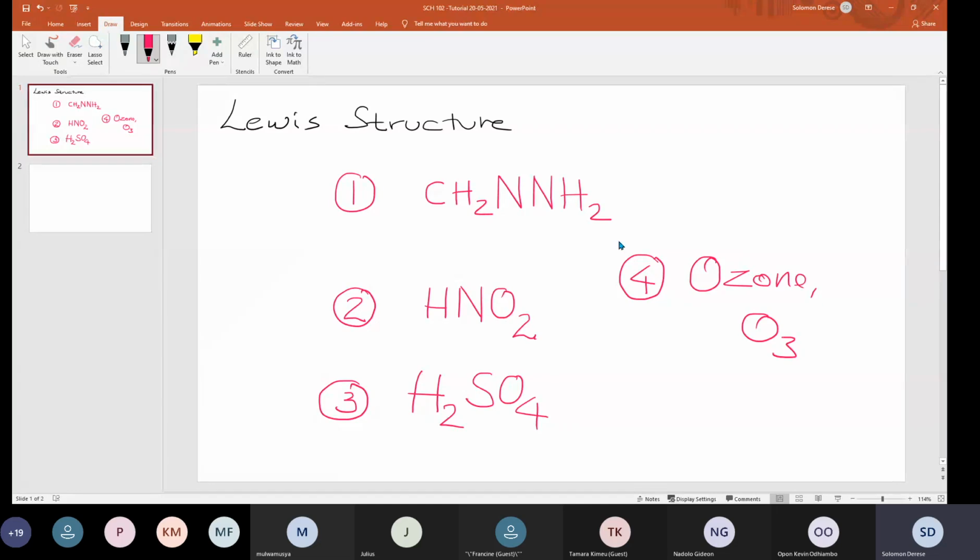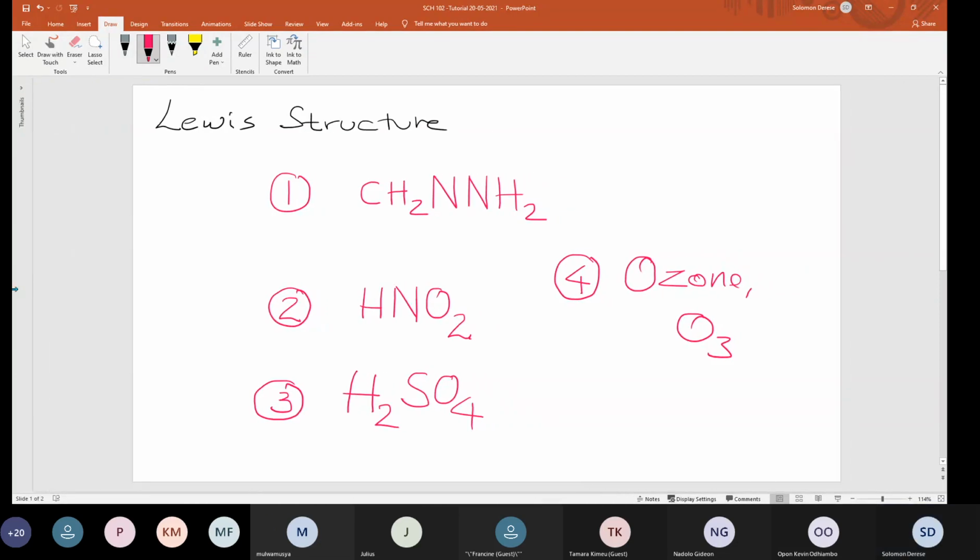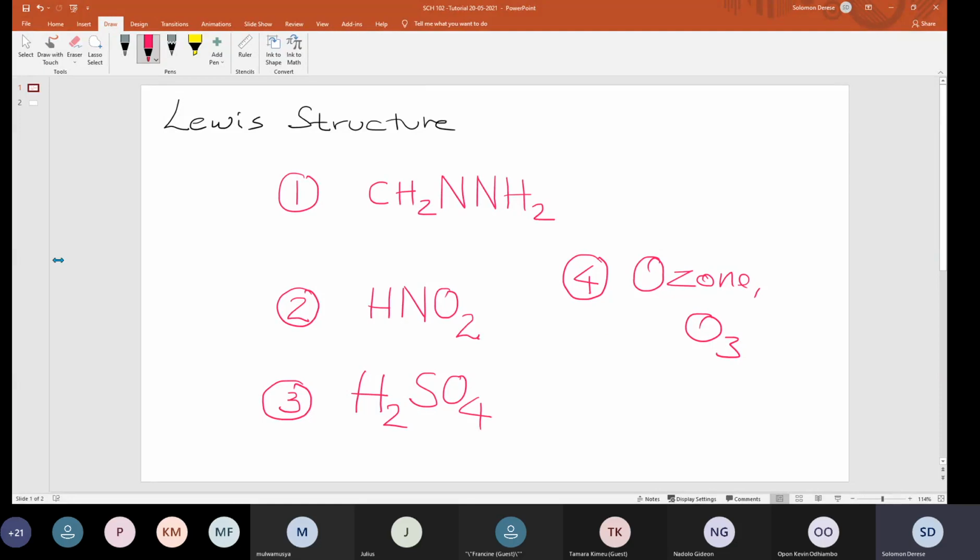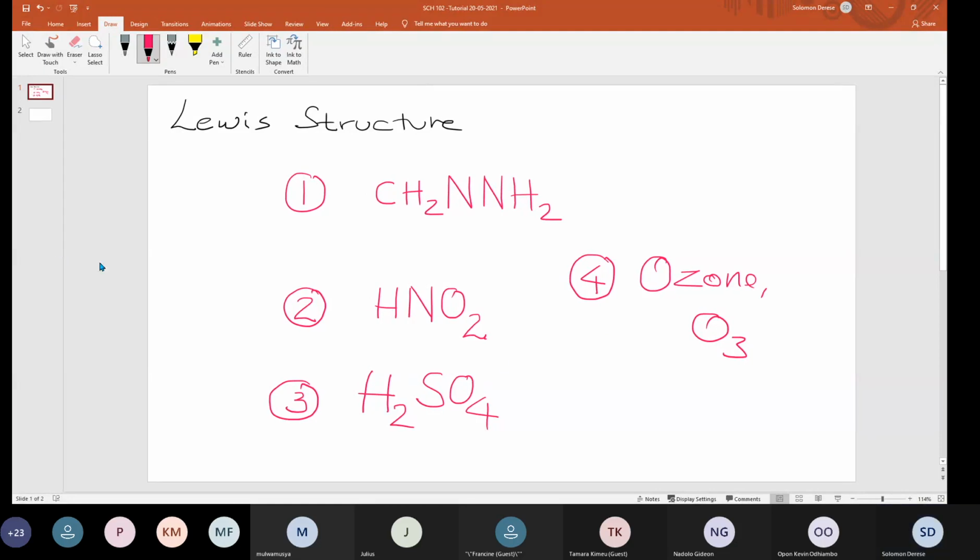So what I want us first to do is to draw the Lewis structure of these molecules: CH2NNH2, HNO2, sulfuric acid, and ozone. That's what I want us to have a discussion on.